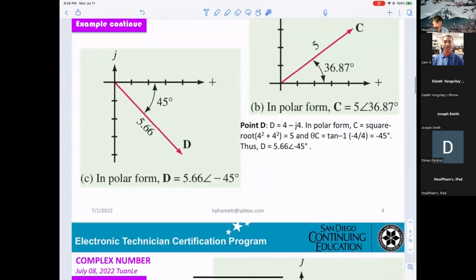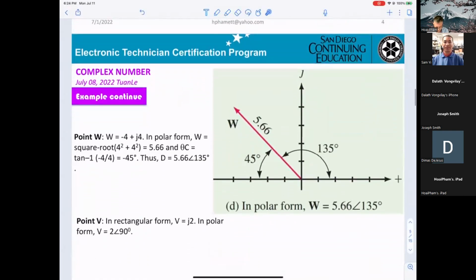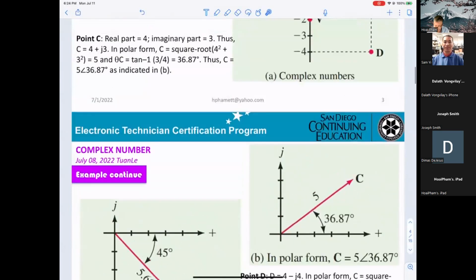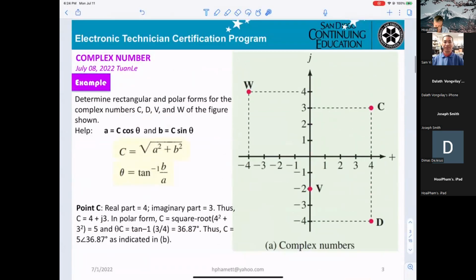Let me see that again. They don't have a real part on V. Was V above or below the x-axis? Oh, it was below.